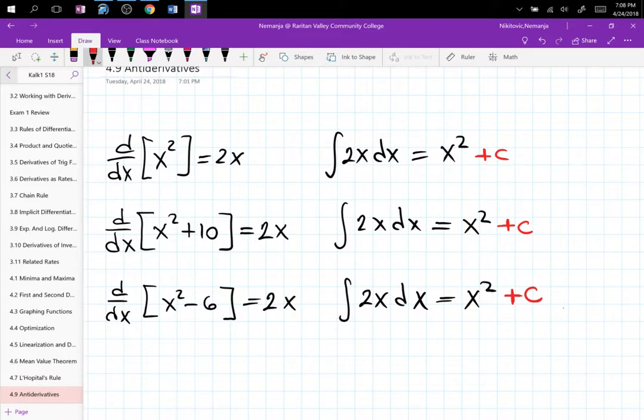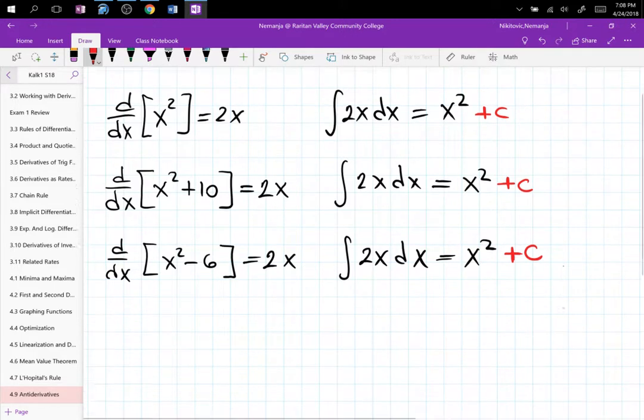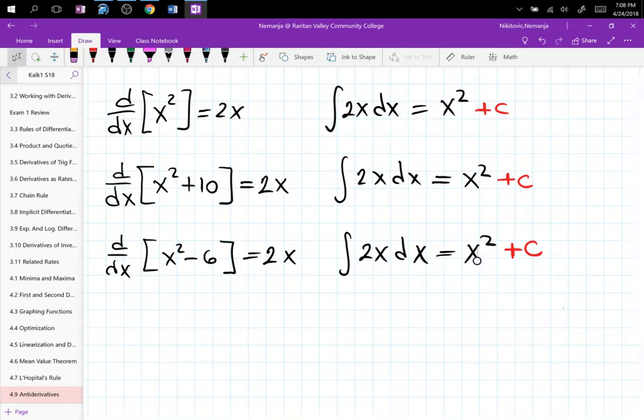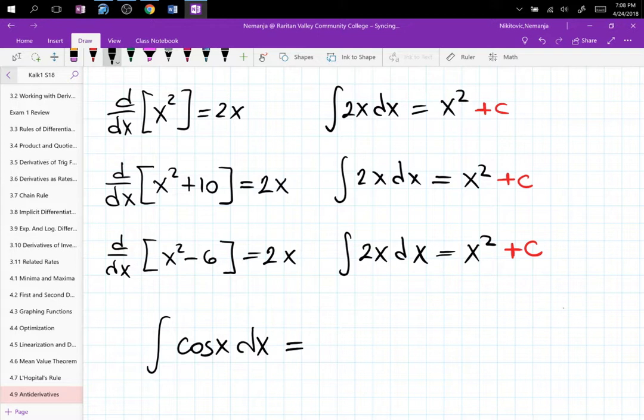Now, the rest of the section, most of the other stuff you should pretty much know. What is the integral of cosine x dx? What would you say?